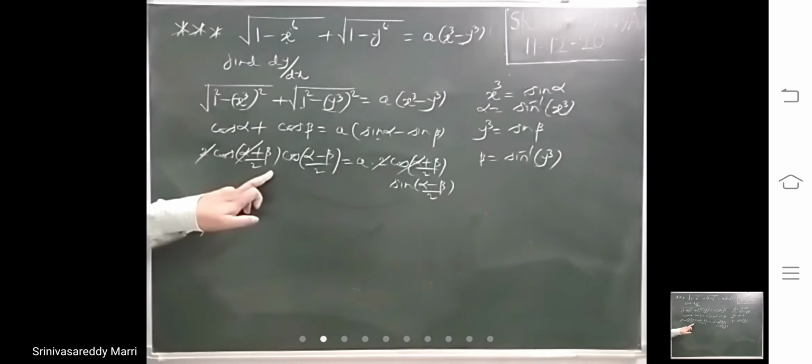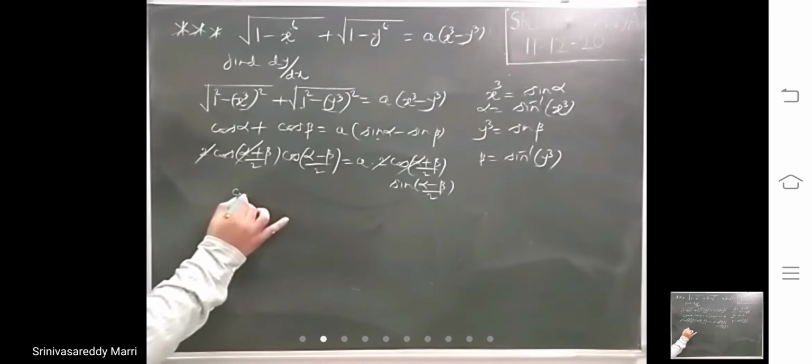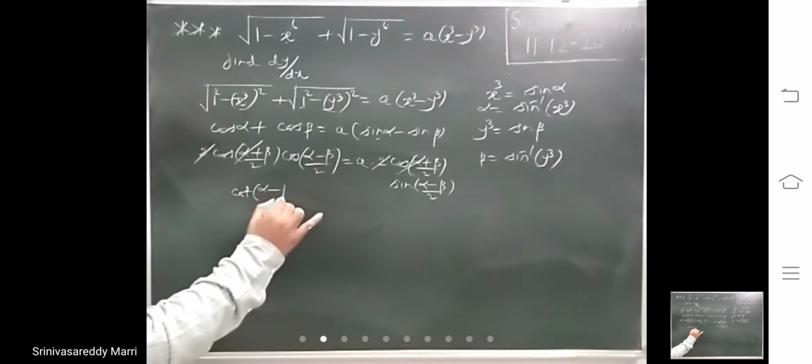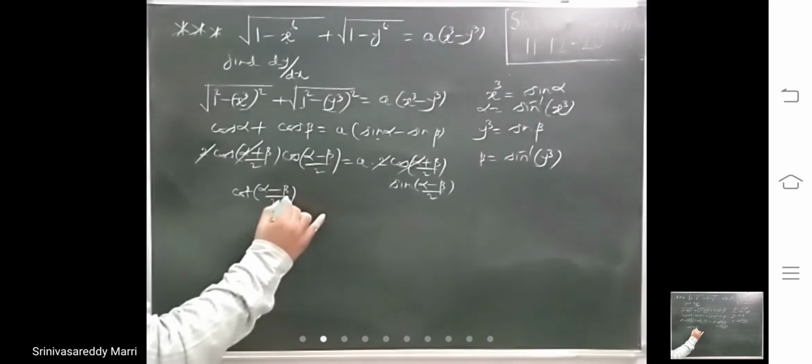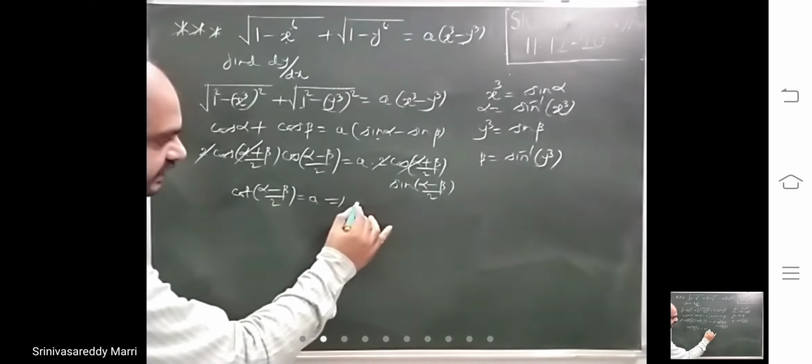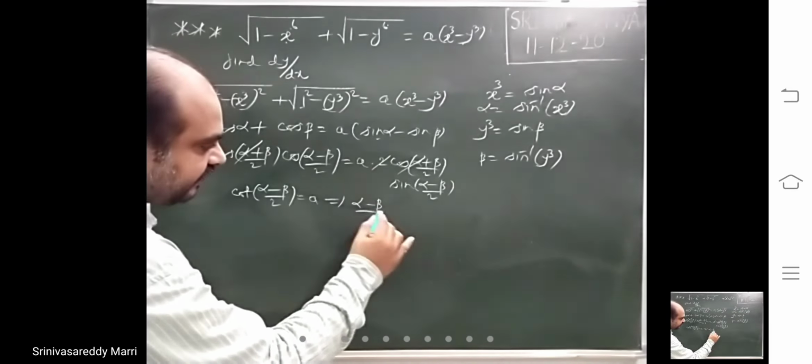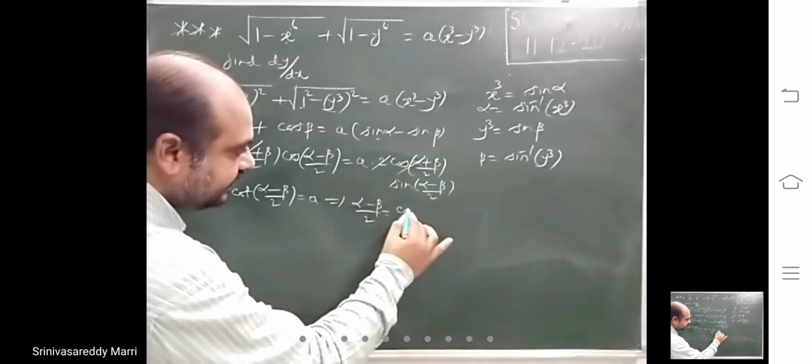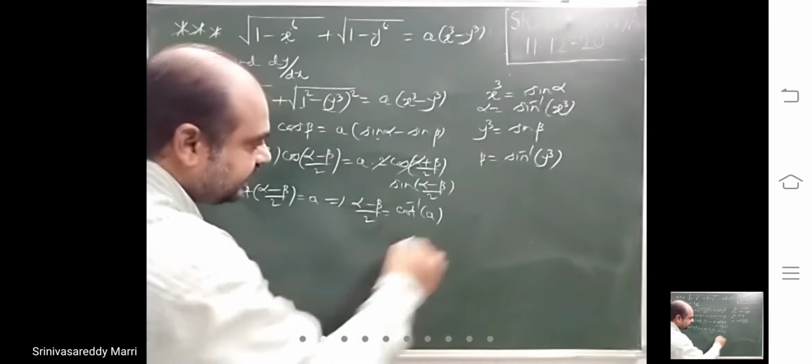This sin alpha by 2 we bring to this side, and that will become cot equal to a. That means (alpha minus beta)/2 is nothing but cot inverse a.